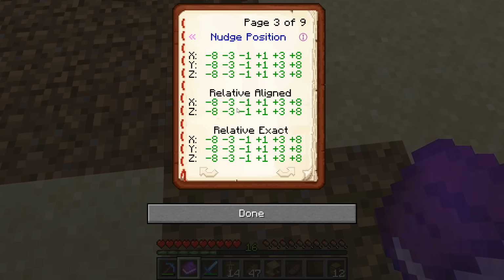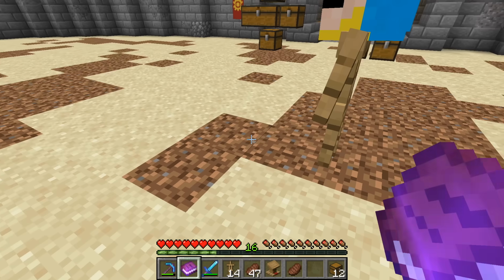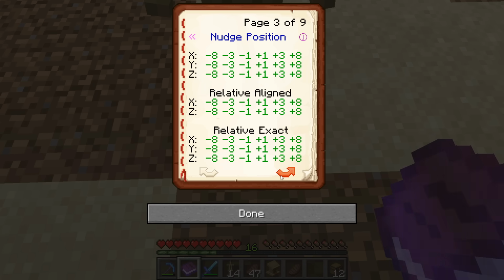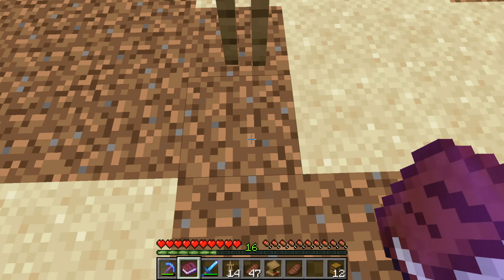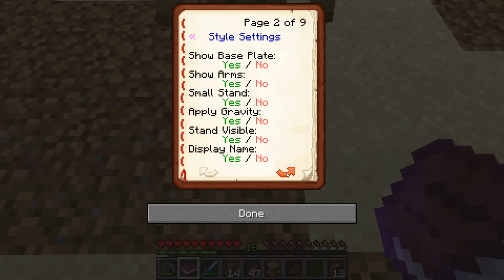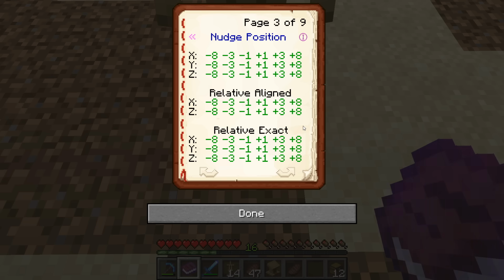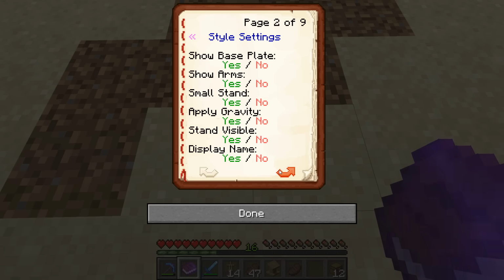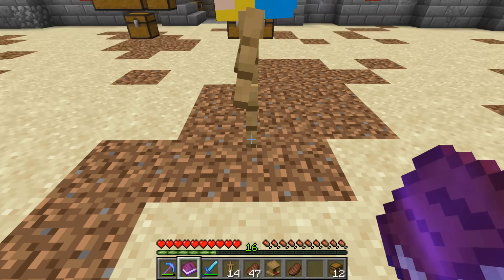Now, the Z-axis is slightly trickier to comprehend. Negative Z pushes it away from you, like so. And positive Z pulls it towards you, like so. And that is the same, again, whether you are on the side.